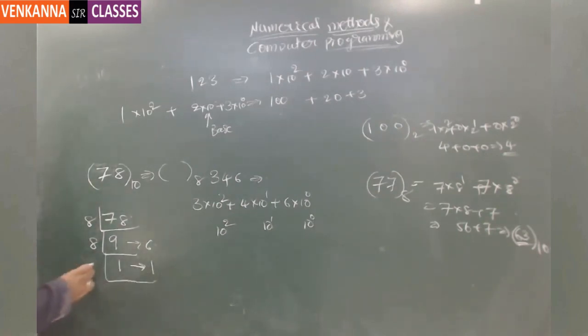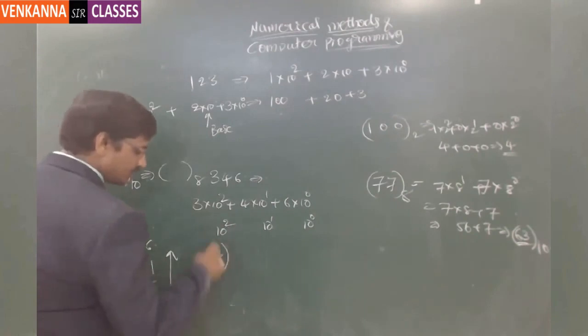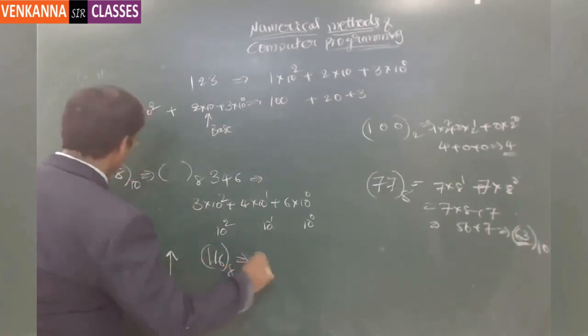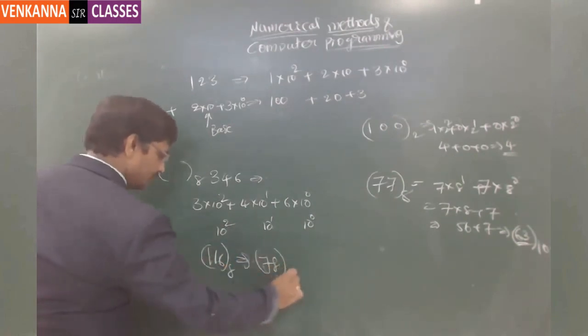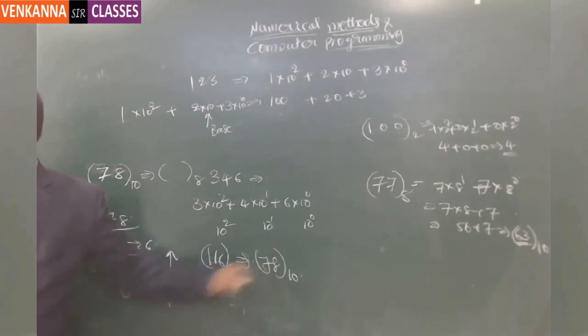Again if you divide 1 by 8, it goes 0 times and leaves a remainder of 1. Now you write the symbols from bottom to top. So 116 base 8 is the value of 78 in base 10. Got it? 116 base 8 is the value of 78 base 10.